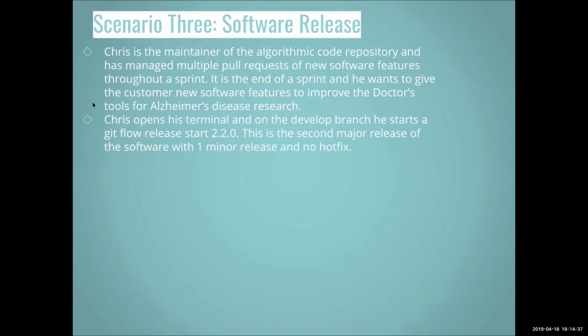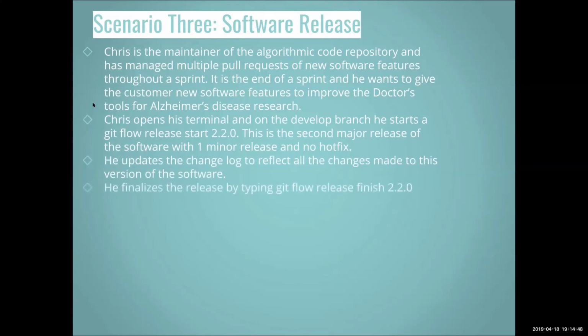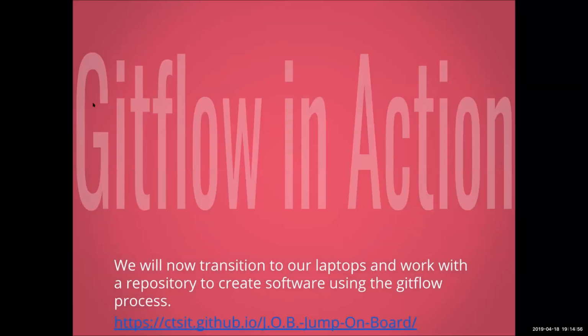This is the second major release of the software with one minor release and no hotfix. He updates the change log to reflect all the changes made to this version of the software. Then he finalizes the release by typing git flow release finish 2.2.0. He informs the customer of the new software, and that's it.